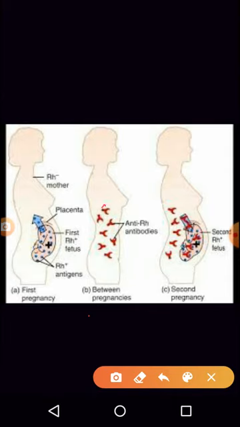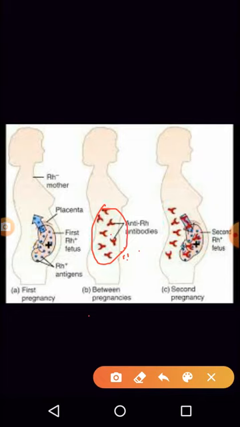Now the mother has anti-D antibodies, but it does not affect her because she does not have D antigens on her RBCs. It also doesn't affect the child after delivery. Now the mother has the anti-D antibodies ready. If D antigens enter, these antibodies will bind to the antigens on the RBC, and it follows the cycle of hypersensitivity type 2.